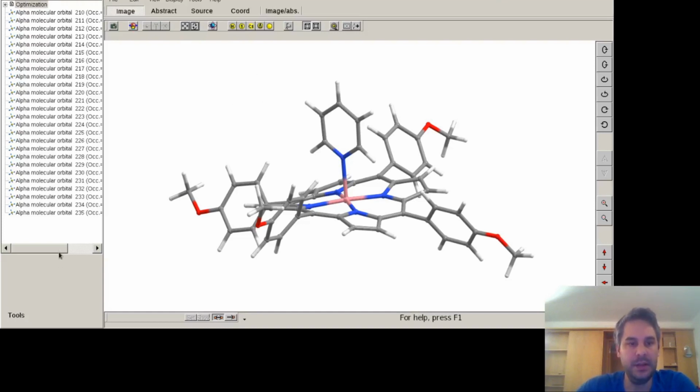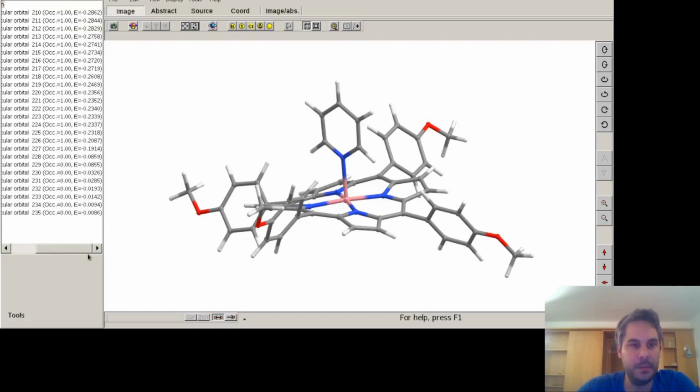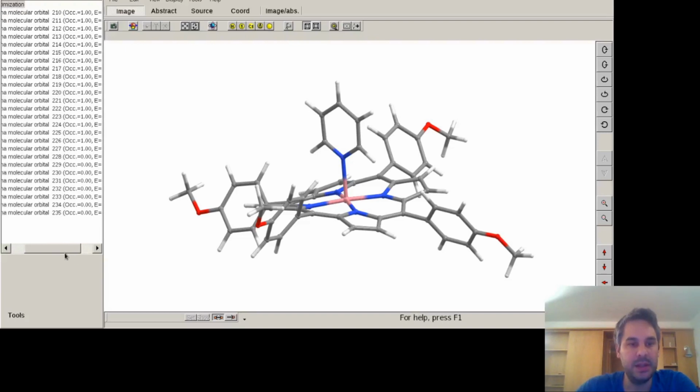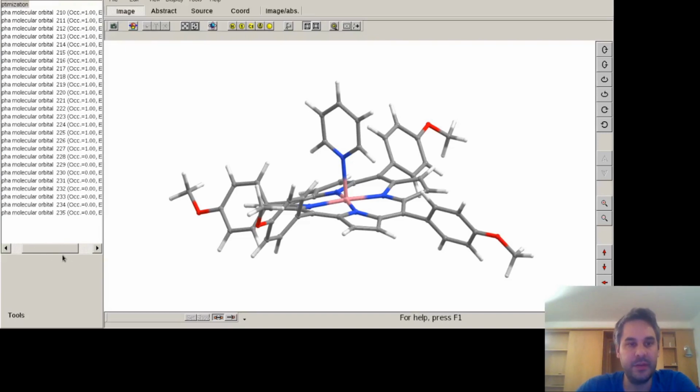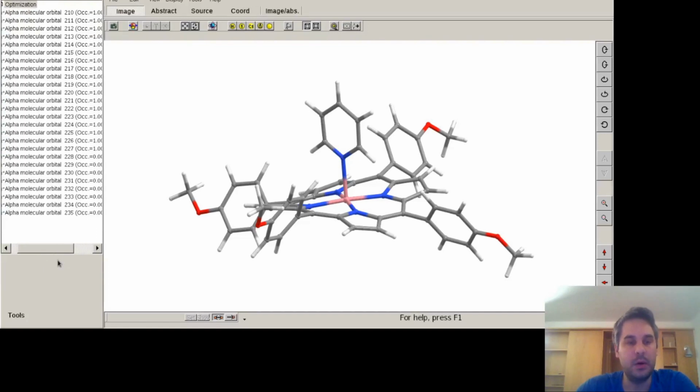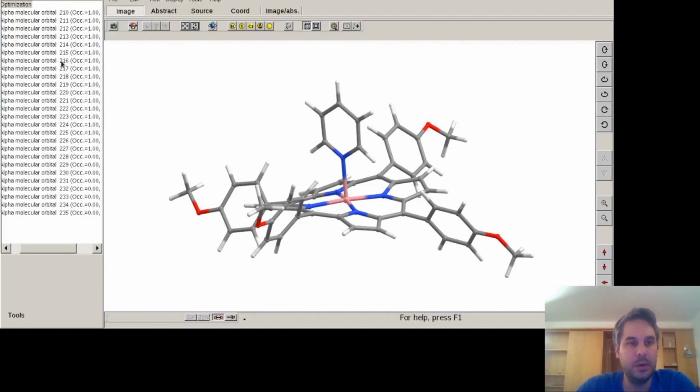Okay, now that the rendering is done, we can see here that I have orbitals from number 210 to 235. Remember always that Chemcraft will start counting on 1 and ORCA from 0. So we will have to subtract 1 from all these numbers when we type anything into ORCA.